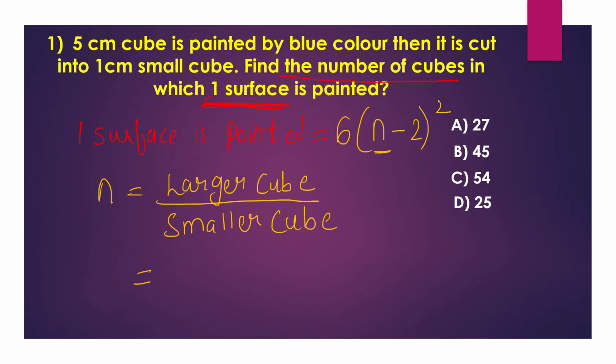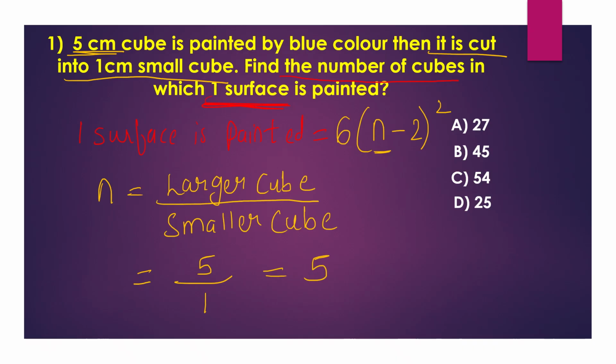The larger cube is 5 centimeter. So 5 divided by 1 centimeter small cube. The smaller cube is 1. So the answer is 5. So we got n.